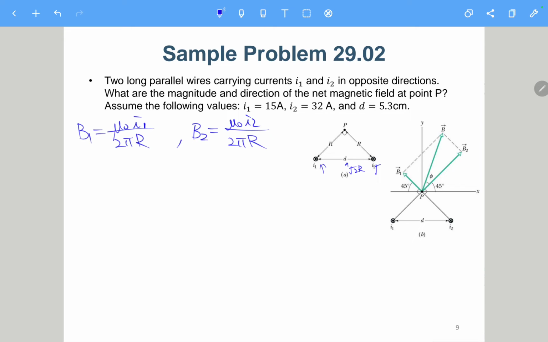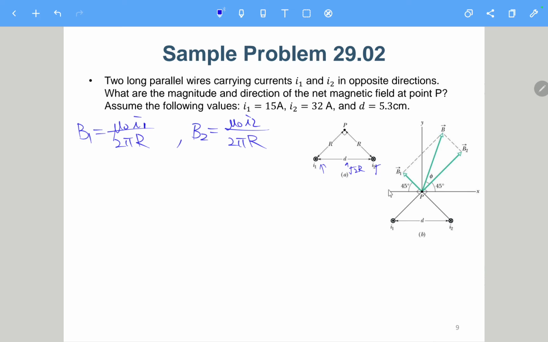And for I2, this is pointing into the page. So your thumb points into the page, and the B field should be in a clockwise direction, which means that B2 at this point should point to this side. So this one points to the top right, perpendicular to the radius.